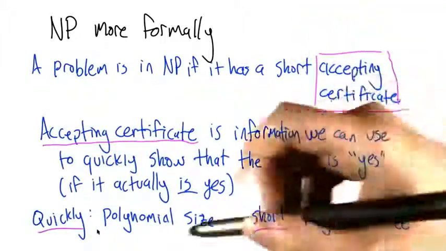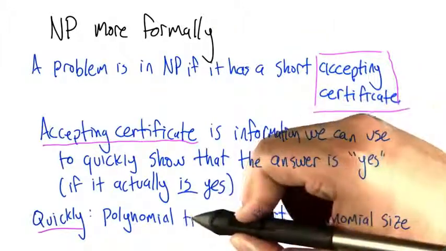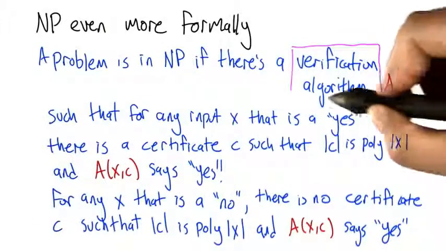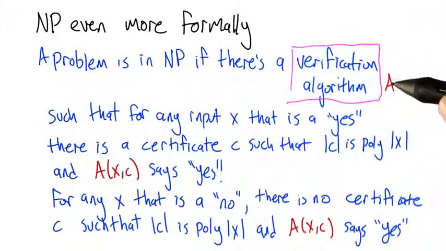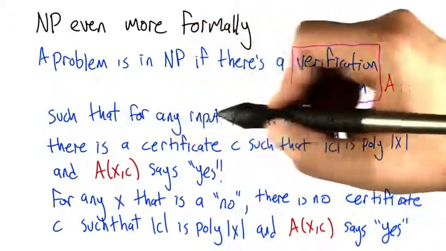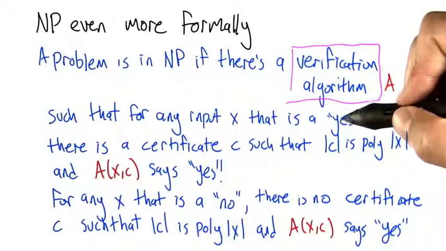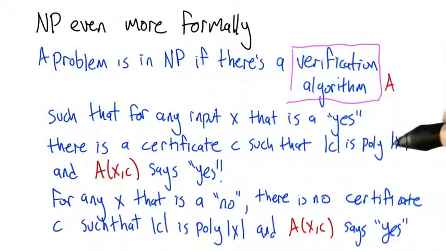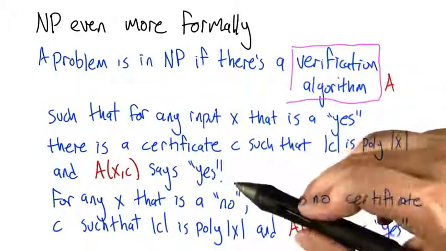So to define NP even more formally, we're going to say a problem is in NP if there is a verification algorithm. So this is basically a computer program, we'll call it A, like a subroutine A, such that for any input X for the problem that is a yes, there is a certificate C, where the size of C is polynomial in the size of X, and the verification algorithm will say yes.